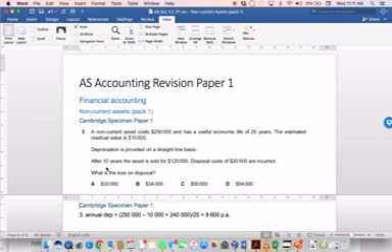Okay. Then the next thing that we want to work out: after 10 years, the asset is sold for $120,000. Disposal costs of $20,000 are incurred. What is the loss on the disposal?